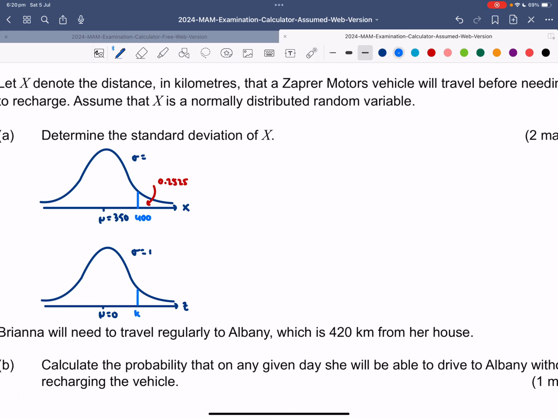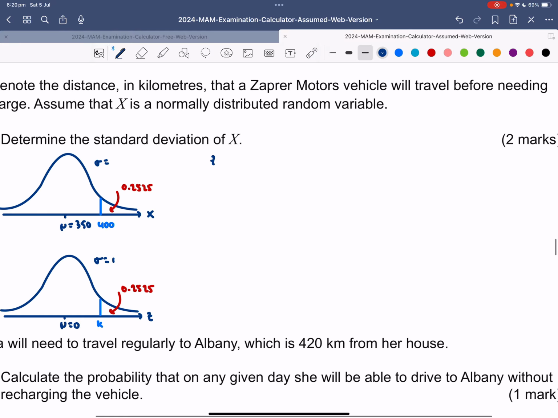We call this k. We replicate the probability of 0.2525. This is if it was worth 3 or 4 marks where you have to show working. So here would be my working. Z follows a normal distribution, mean of 0, standard deviation of 1. First, I'll find the probability that Z is more than k is 0.2525. That will give me a z-score.